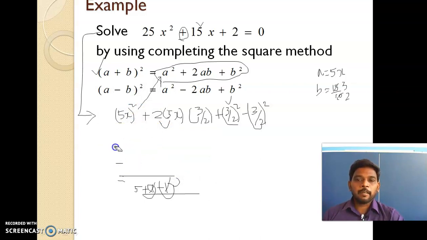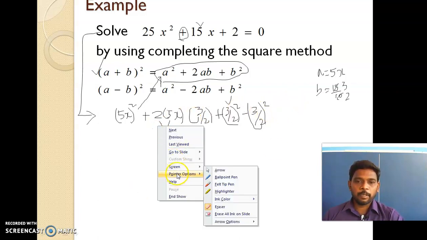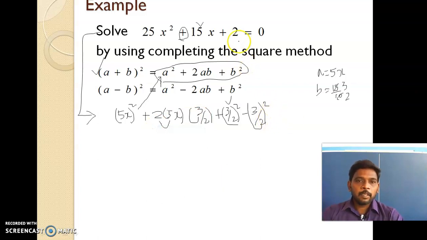So here according to the equation I introduced plus 3 by 2 whole square, but in the equation it is not there. Therefore just for balancing purpose I added minus 3 by 2 whole square also. Okay. So next 2 is there, so write 2 as it is, plus 2 equal to 0. Right.